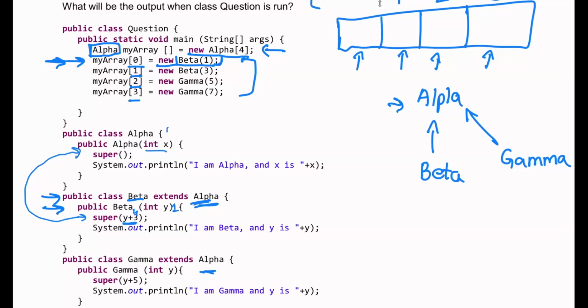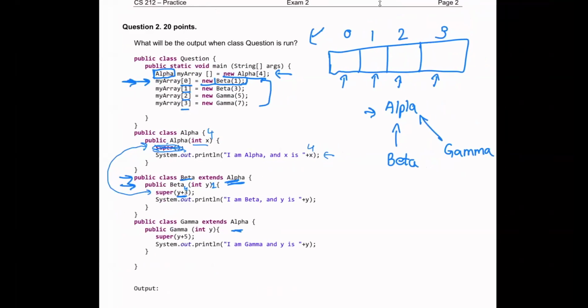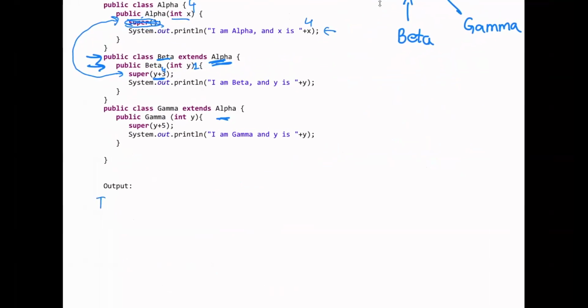It passes the value 4 because 1 plus 3 is 4, and then it calls super again. However, alpha doesn't have a parent class, so this super will not do anything. Then it just prints this line: I am alpha and x is 4. Let's write here: I am alpha and x is 4.